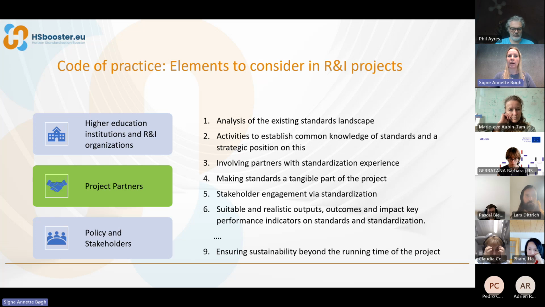It has one for higher education institutions and R&I organizations, one for project partners, and one for policy and stakeholders. So those are the main chapters in this code of practice. I have put emphasis today on project partners because I thought that was most relevant for you as an audience.